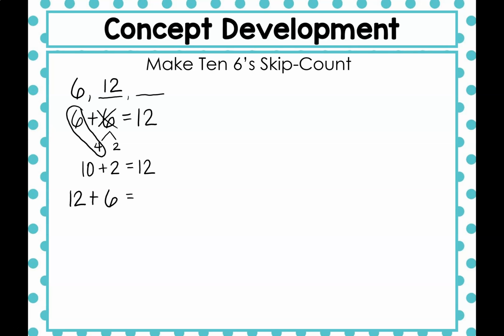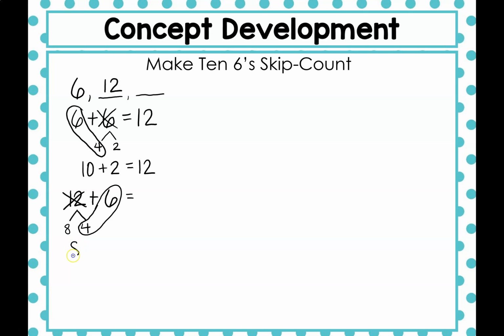Okay, could I break down one of these numbers to make 10? I could break down 12 into 8 and 4, because I know that 6 and 4 make 10. Okay, so then my problem would become, so let's see, let's cross off 12 because we just broke that down.